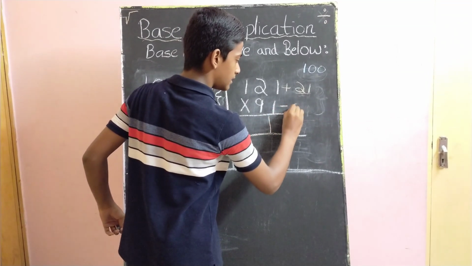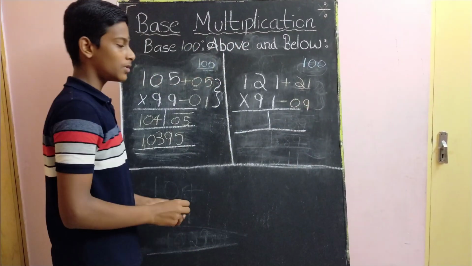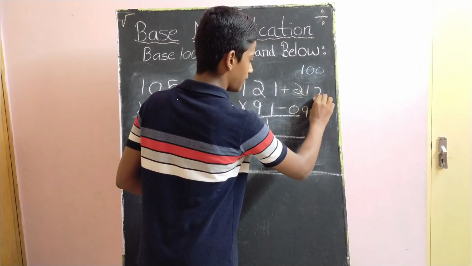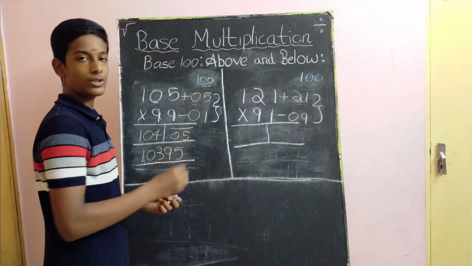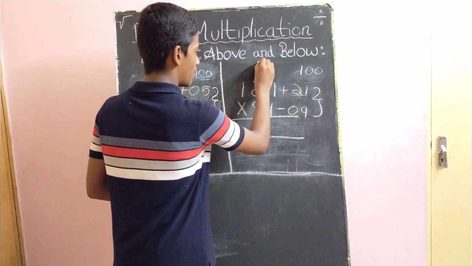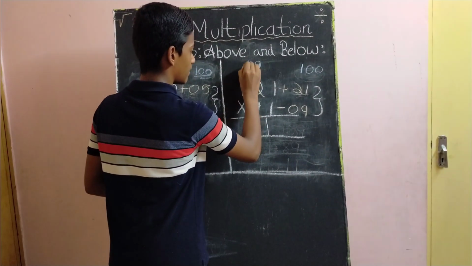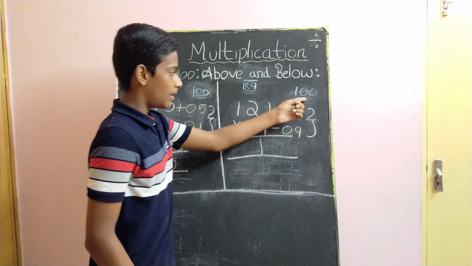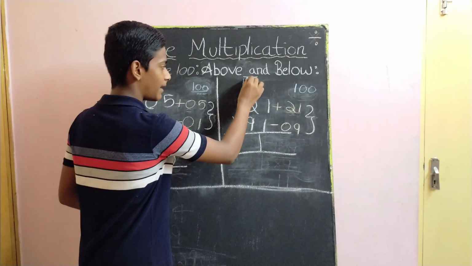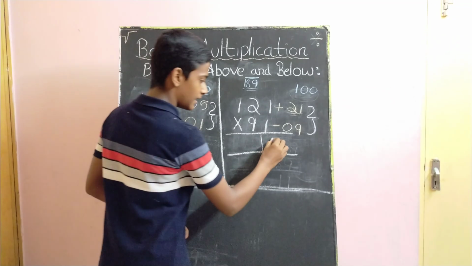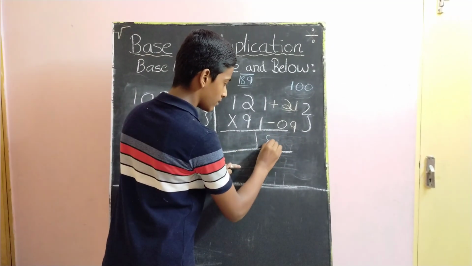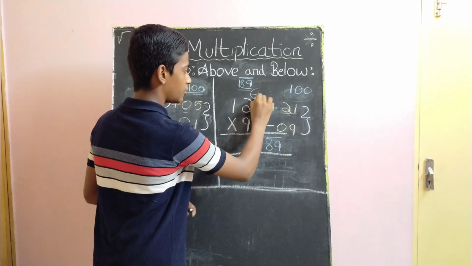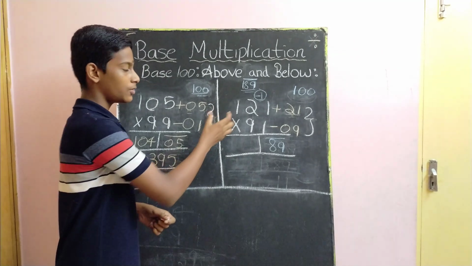Here it is minus 09. So for obtaining this part of the answer, we must multiply plus 21 with minus 09. As we do so, we get 189. But as 100 has only 2 zeros, only minus 89 must be written over here, and this minus 1 is to be taken as carryover, as we do usually.